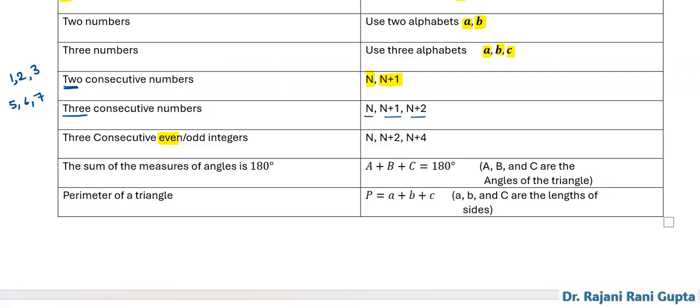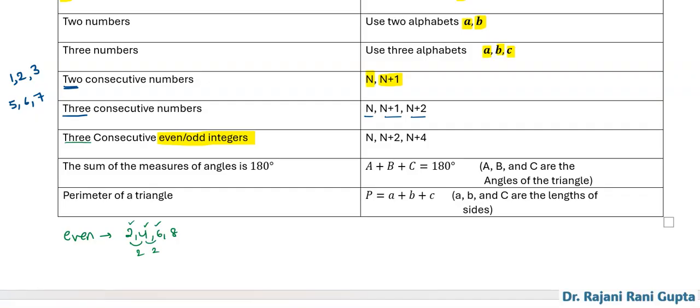There is an additional thing: three consecutive even or odd integers. Even numbers are 2, 4, 6, 8, so for three consecutive even integers the difference is 2. So it's n, n plus 2, n plus 4.